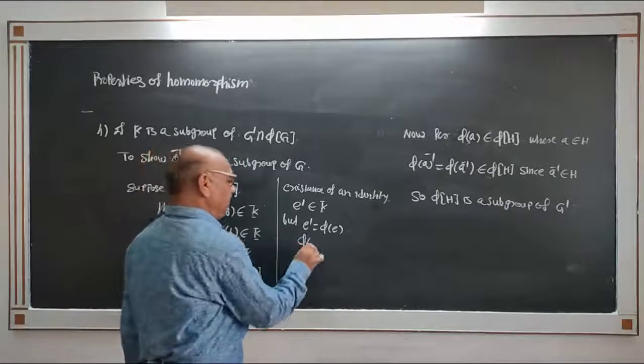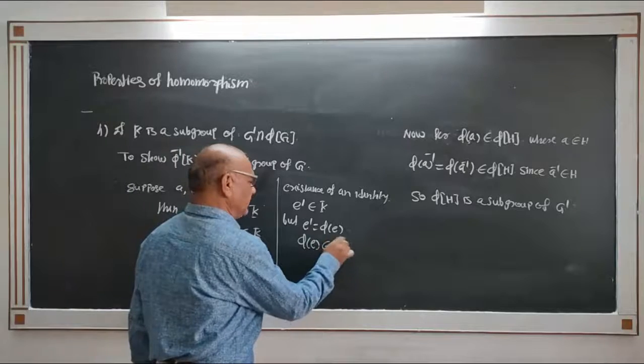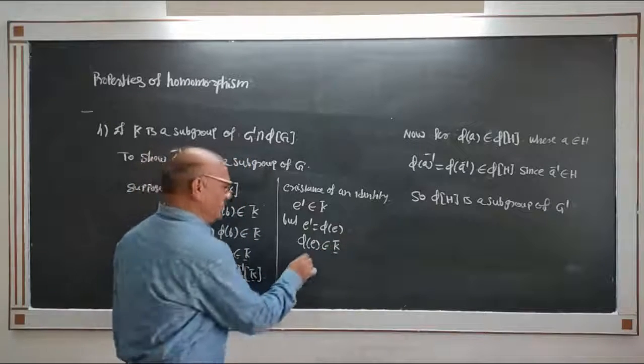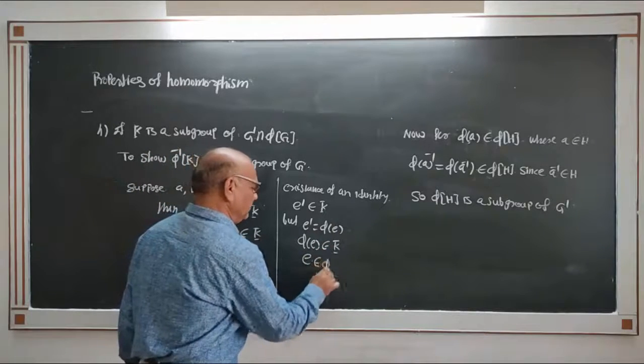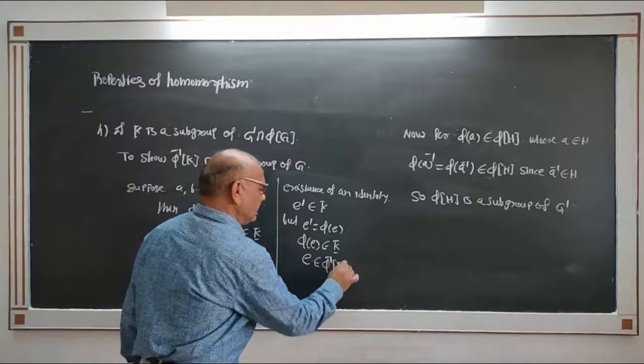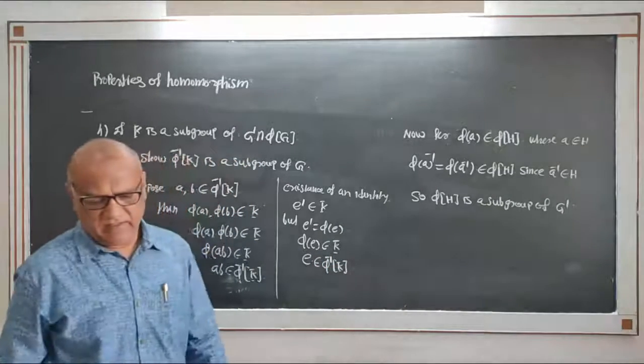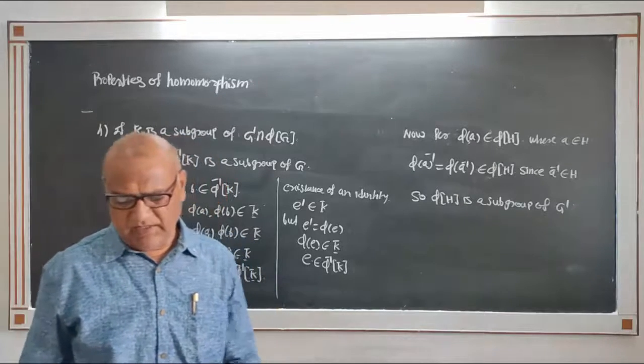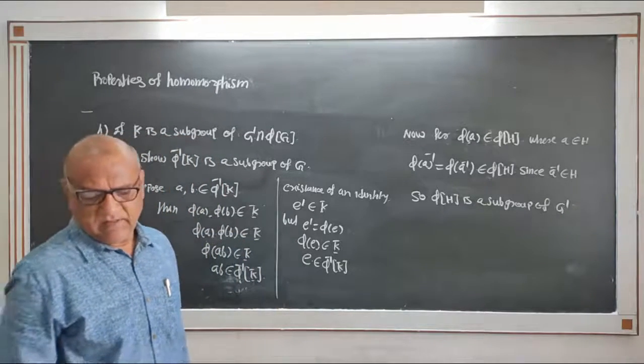That means phi of e belongs to K. Therefore, e belongs to phi inverse K.